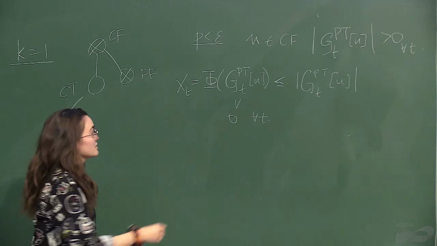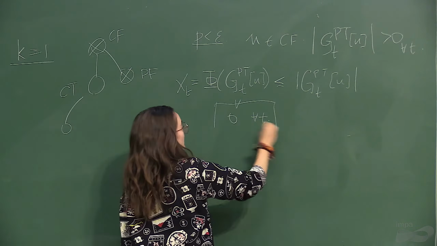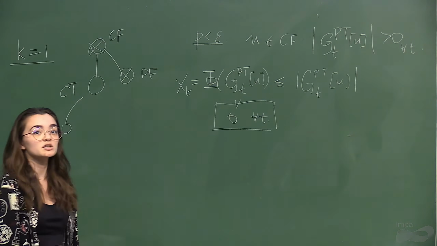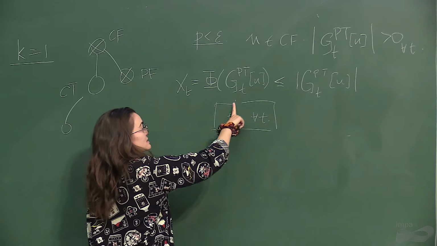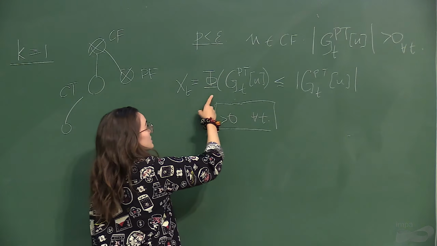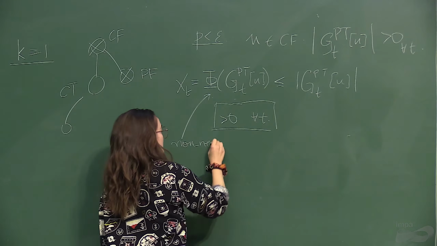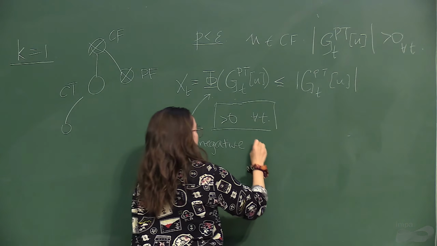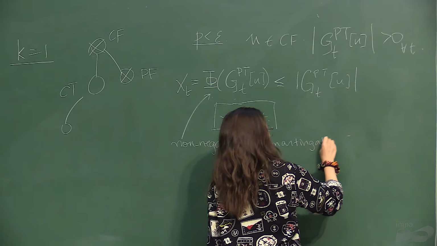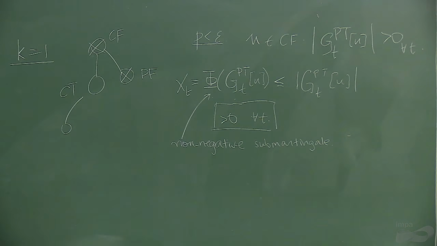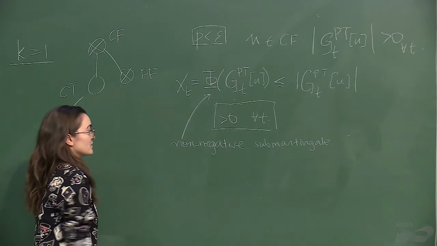And the fact that it's a non-negative submartingale will prove this part of it. Essentially, you can just do some bounded differences and show this pretty easily, just standard arguments. So essentially what we want to do is design a non-negative submartingale.